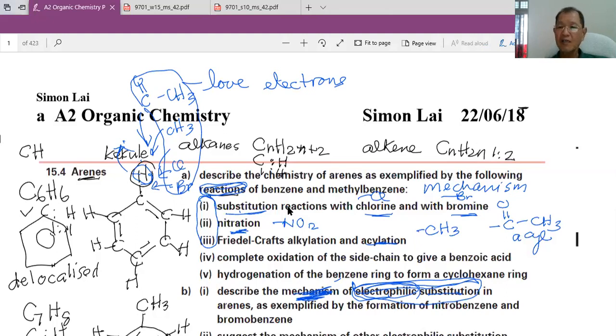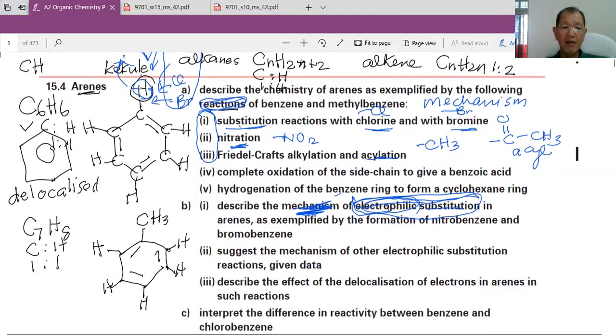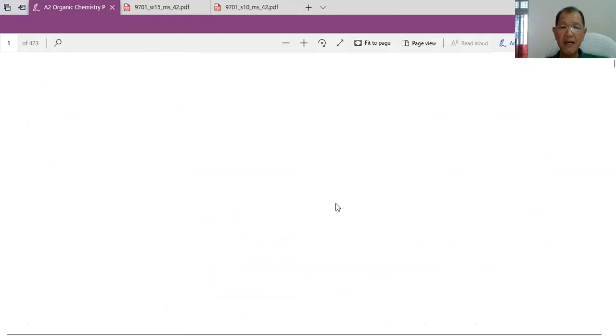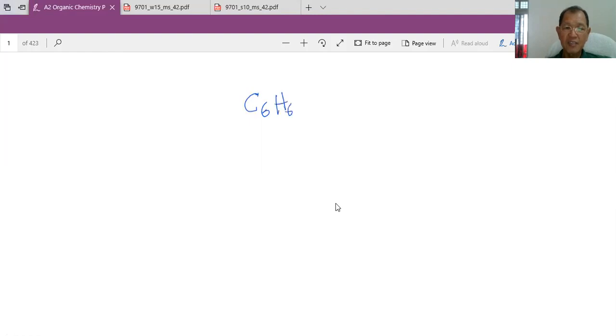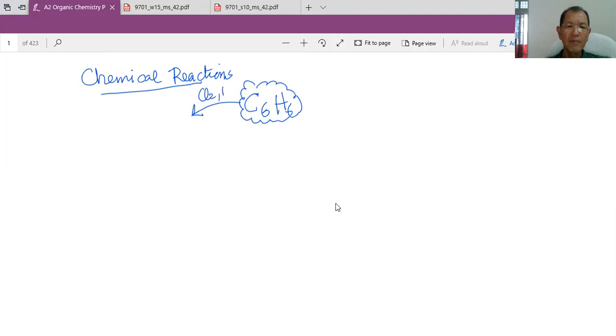I'm going to draw for you. Now, I'm going to put benzene here, C6H6. This is my first reaction, with Cl2 or Br2.